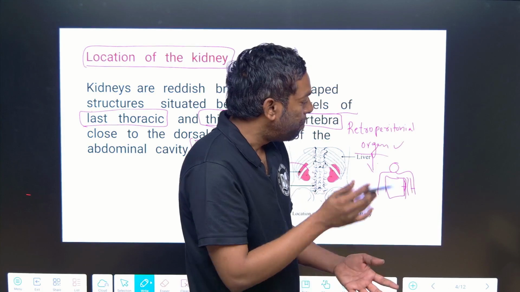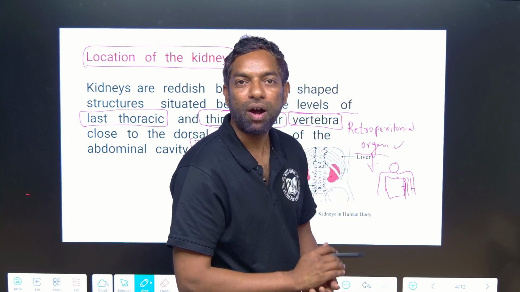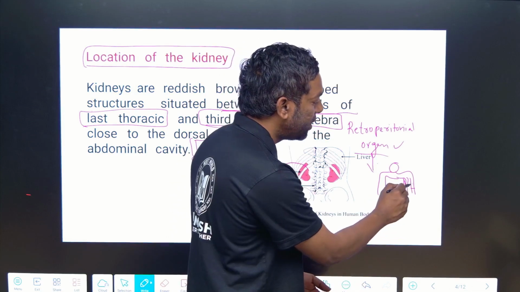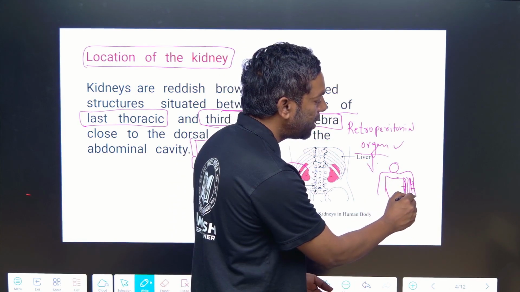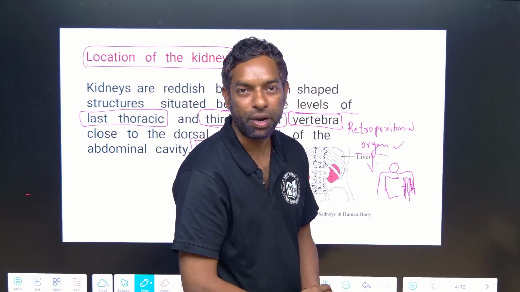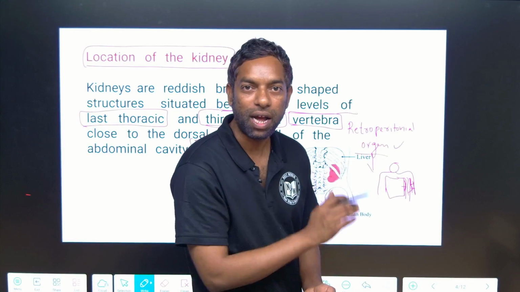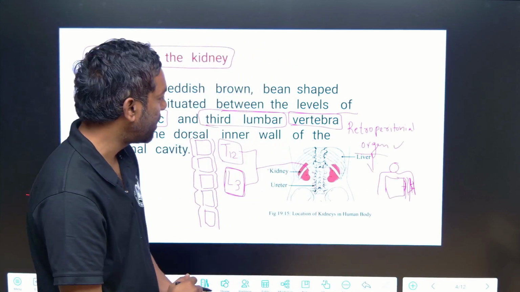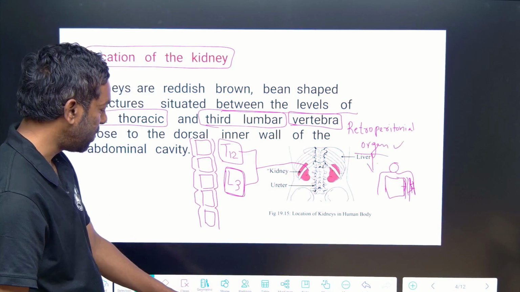Behind the parietal peritoneum, between it and the body wall, there is a space we call the retroperitoneum. Retro means back to the parietal peritoneum. That is the location of the kidney. Okay guys, cool.